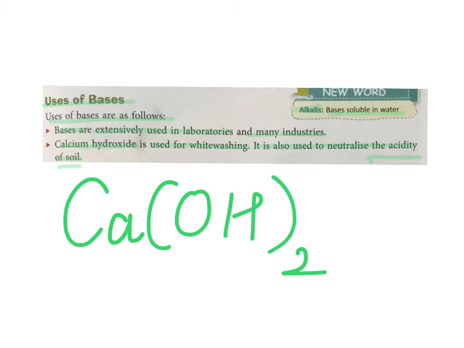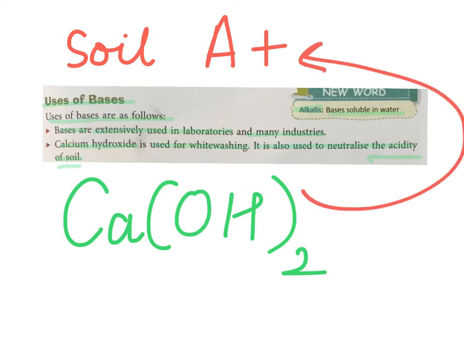So when this calcium hydroxide is added to the soil, the acid present in the soil is neutralized because of the presence of calcium hydroxide. Moreover, children, it's very interesting to note that in whitewashing, we apply calcium hydroxide on the wall.